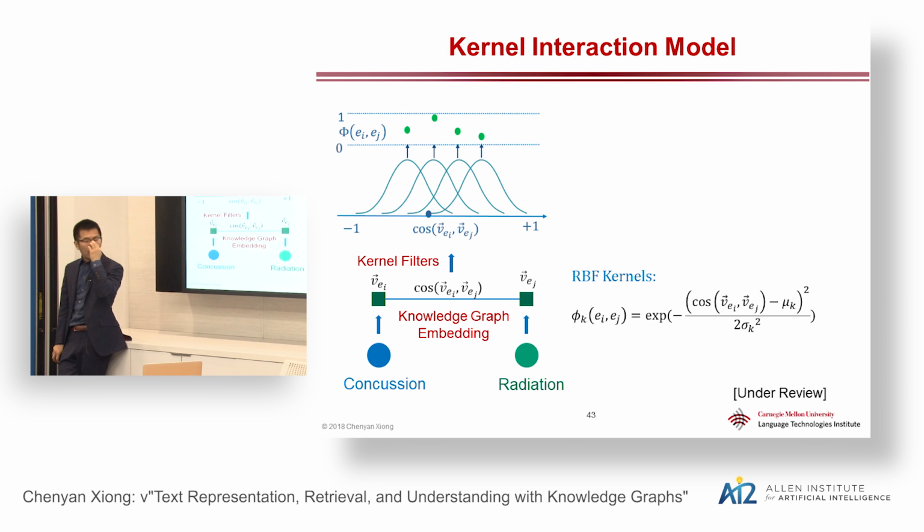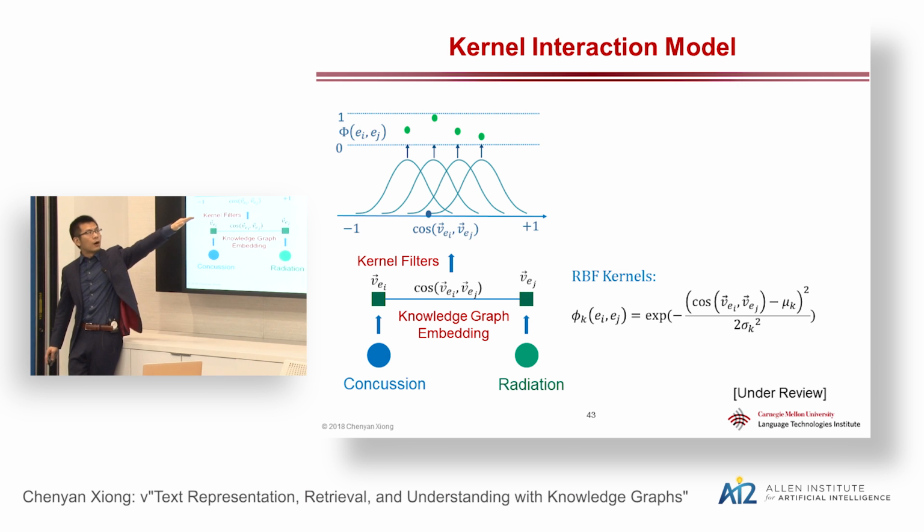So to address these problems, we have proposed a new kernel mechanism that, instead of only using one similarity score to model the interactions between two entities, which maybe only makes good use of the cosine space from -1 to +1, if it's a raw embedding similarity score, maybe it only does a good job in the +1 part.